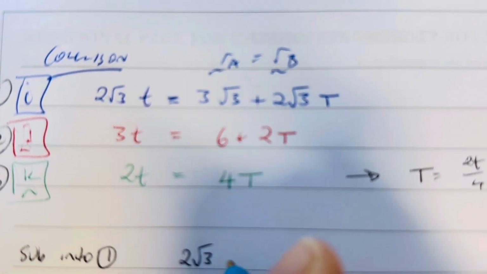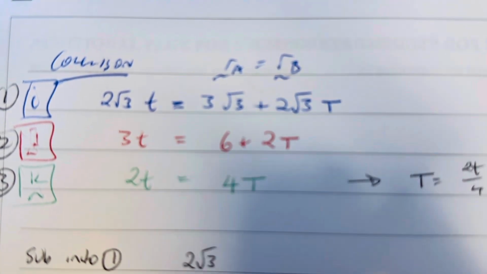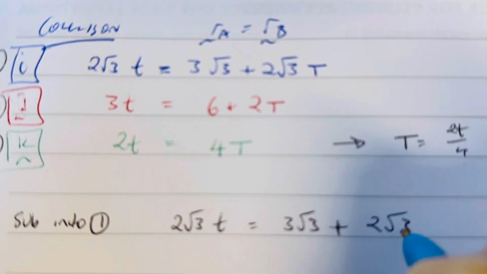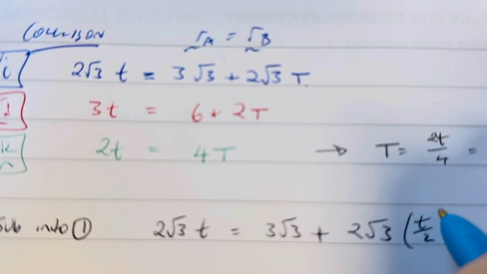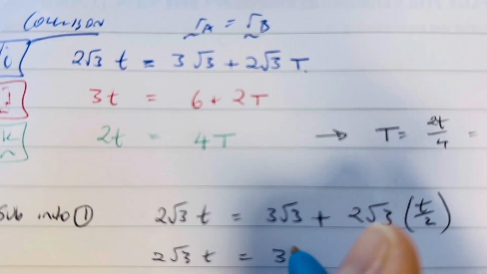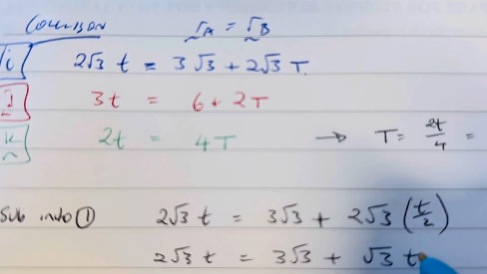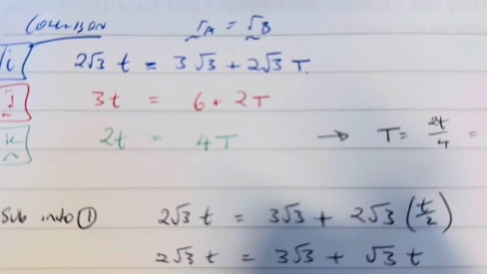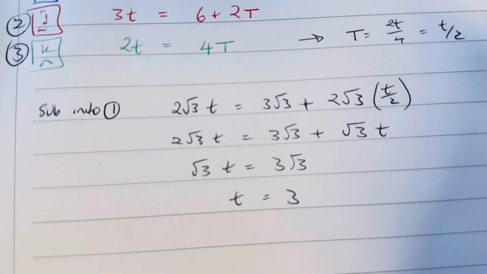So I've got 2 root 3 t equals 3 root 3 plus 2 root 3, and instead of a big T, I'm going to put t on 2. 2 root 3 t equals 3 root 3 plus root 3 t. Subtracted over, I get root 3 t equals 3 root 3. Divided over, oops, apologies for that, I get 3.